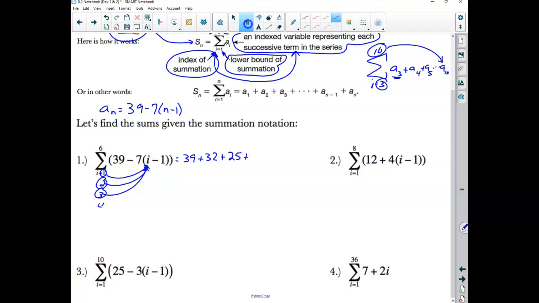Then I take a 4 and plug a 4 in there for i, and that term is going to be 18 plus. Then I take a 5 and plug it in, and that gives me 11 plus. And there's my last one, which gives me plus 4.